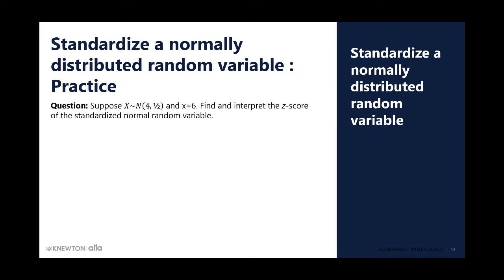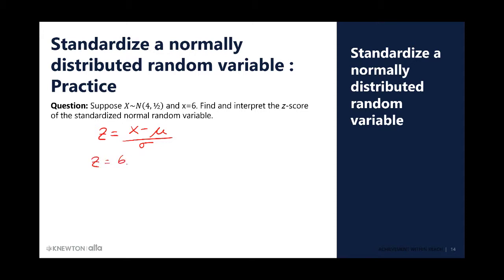Okay, here we go. They want us to find and interpret the z-score for the standardized normal random variable. They tell us that x is 6, the mean is 4, and the standard deviation is a half. So the z-score equals, here I'll write the formula, x minus the mean over the standard deviation.